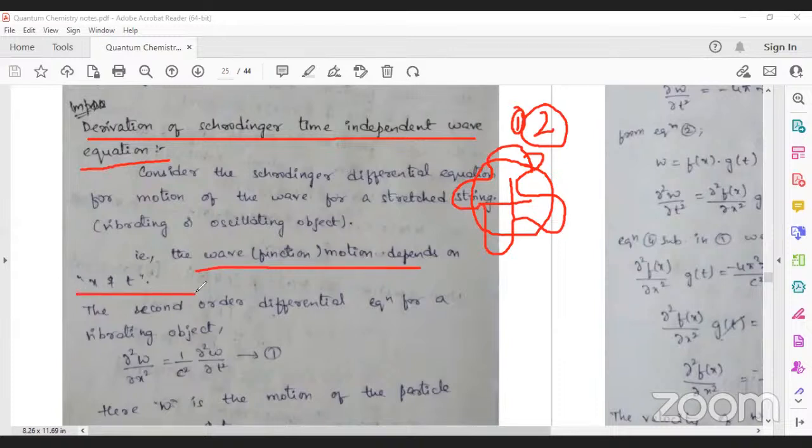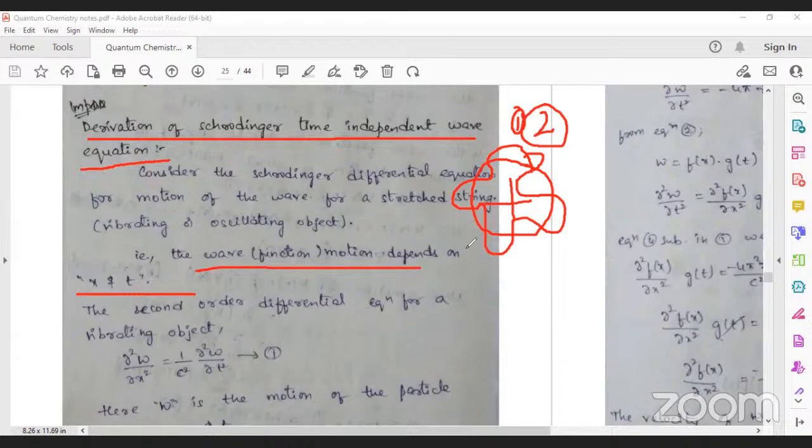This is the first postulate of quantum mechanics. Already we discussed the first postulate: whatever wave function we choose should depend on axis and time, or should be variable with axis and time, right? So here, we consider a stretched string, or any vibration of the object at that time.